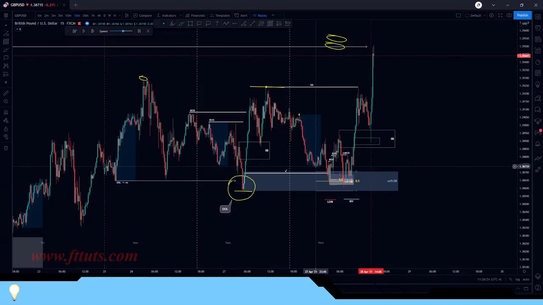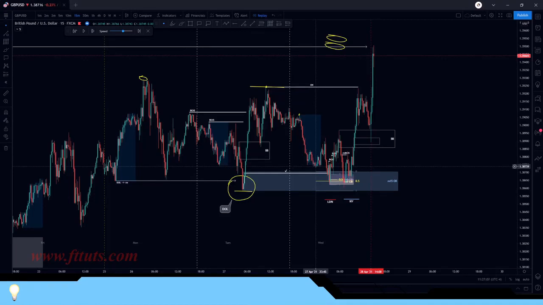And of course, we had additional points of confluence for that order block to be a higher probability trade setup. And then it came down to whatever entry type you're most comfortable using, whether it was the risk entry, confirmation entry, double confirmation, or the triple confirmation. This all just showed you how fractal price is, and what you do on one time frame can be done on another time frame, no matter your style, right?